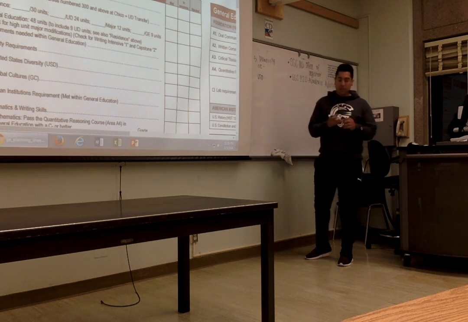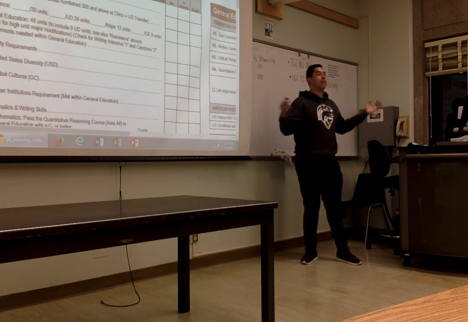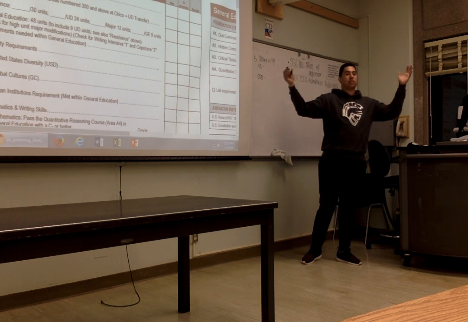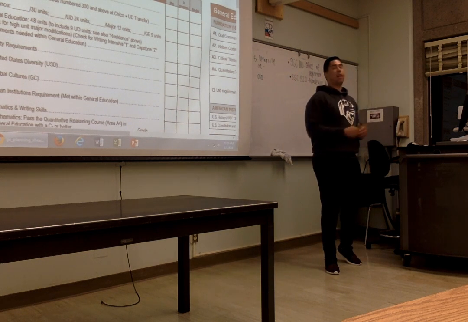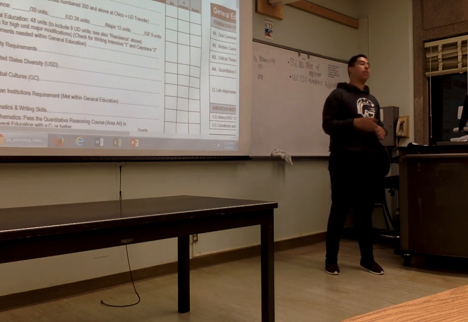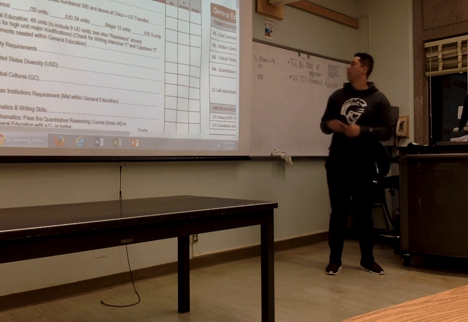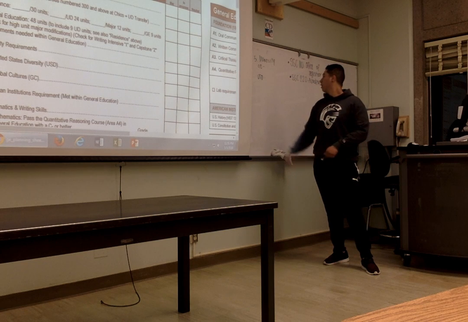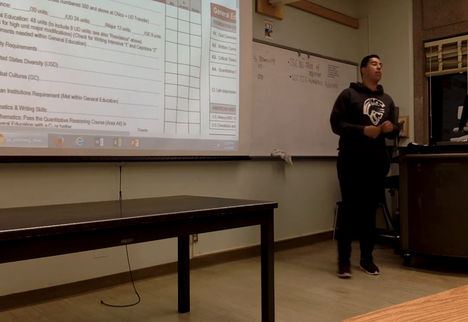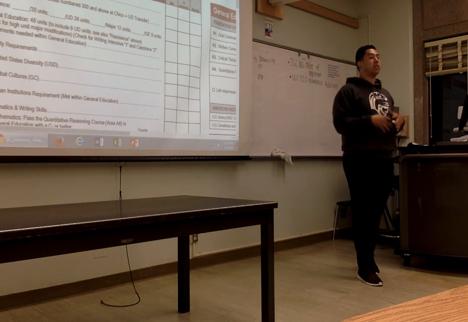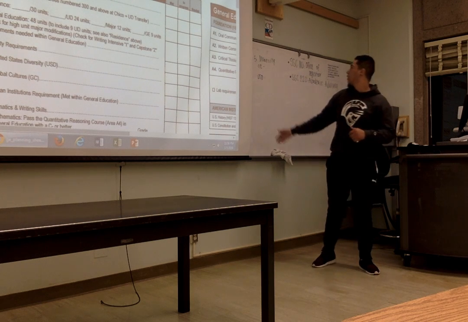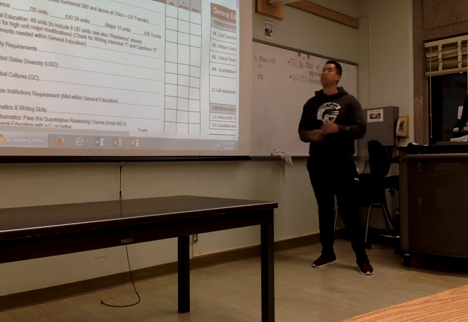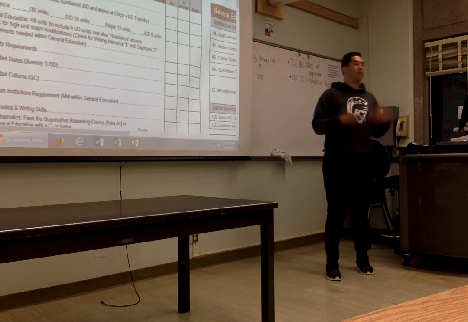Your global culture is the study outside of the United States, in the globe, or in the world. Anything that has to deal with other backgrounds, ethnicities, anything outside. USD is diversity in cultures within our own country, the United States. So this can be Chicano studies, women's studies, anything that has to do with the United States.